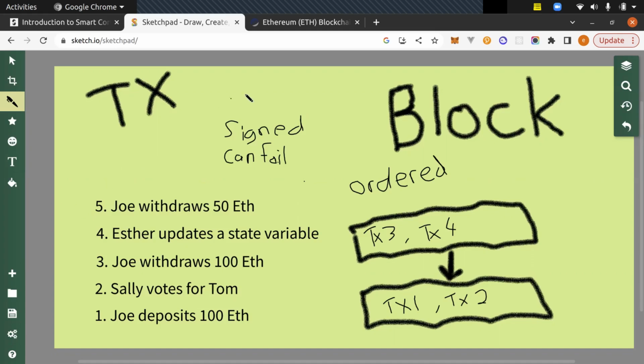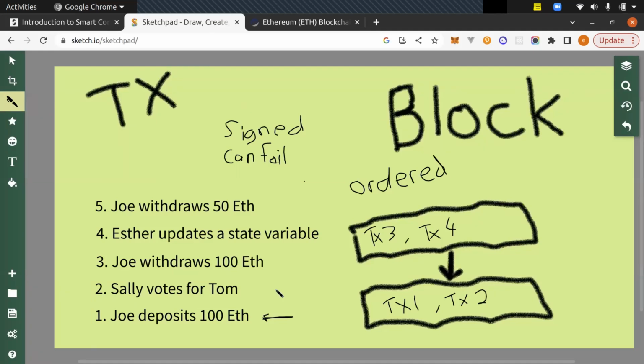Furthermore, we also need to understand that transactions are cryptographically signed, meaning that only Joe, or the account associated with Joe's money, can actually write these transactions to the blockchain. Sally, not knowing Joe, cannot withdraw money from Joe's account because she does not have access via her account.